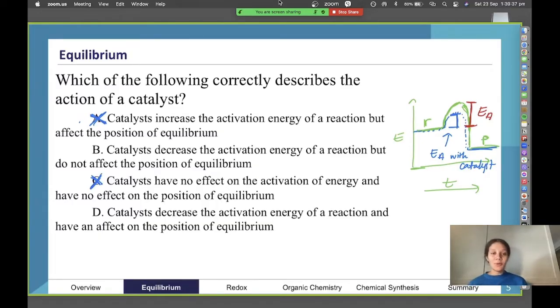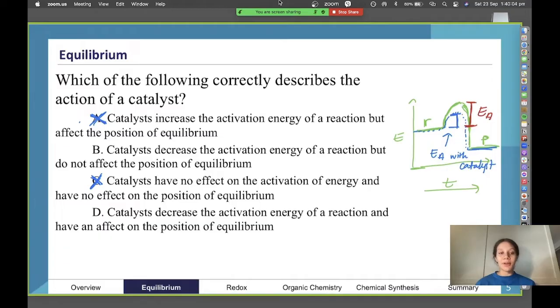So now we're going to have to move on to position of equilibrium. Really important with catalysts and equilibrium is that they don't change it. Like we see with the energy here, reactants and products don't change in their amount of energy. In the same way, catalysts will not affect how much reactant or product there is at equilibrium. An easy way to remember it: catalysts help you get to equilibrium faster, but they do not actually change the equilibrium position.